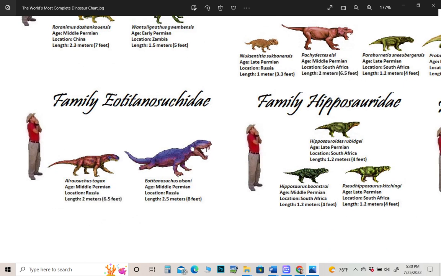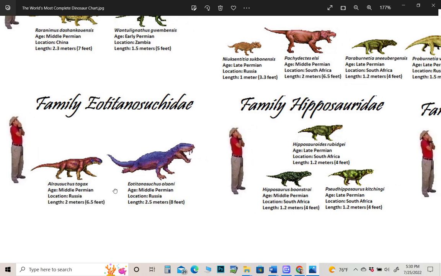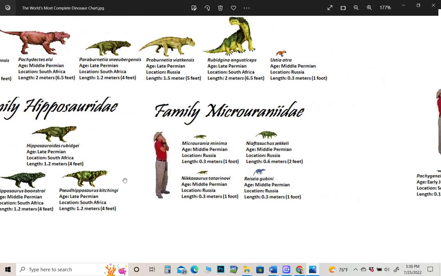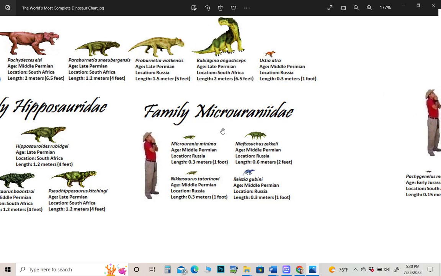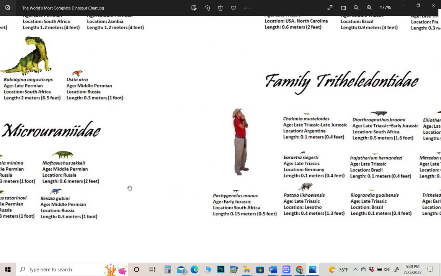And then the bottom grouping, Eotitanosuchids: Alrasuchus, Eotitanosuchus, and the Hipposaurs, Hipposauroids: Hipposaurus and Pseudohipposaurus. Pretty easy to remember. Microuranids: Microurania, Neaftasuchus, Nicosaurus, and Rhizia.